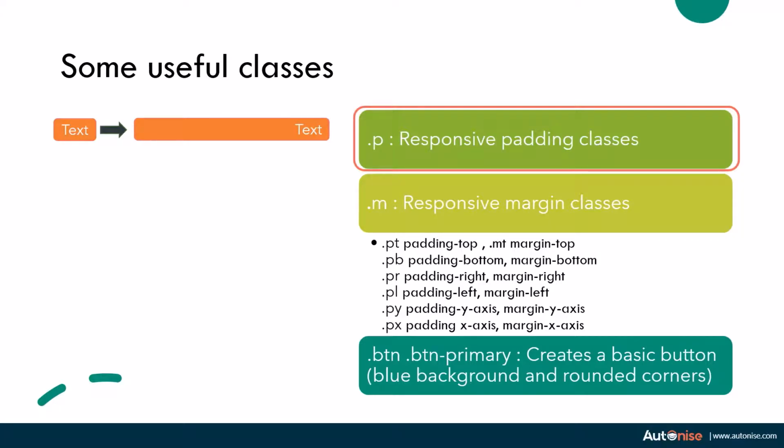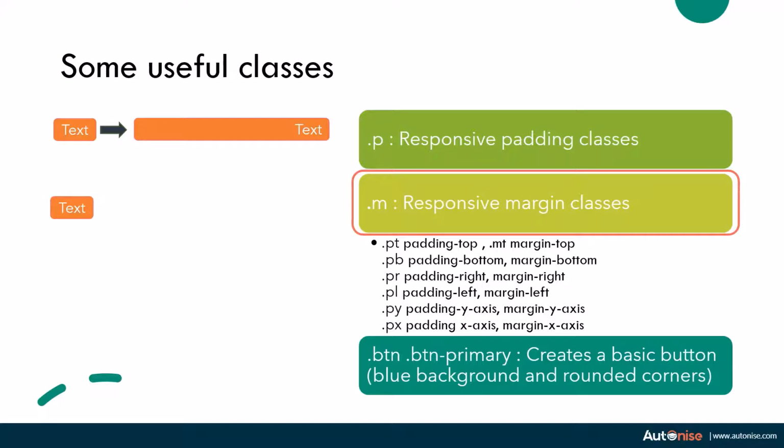Now let's see how our button will look when we add a margin to it. So we have this text, and when we add a margin of left to this text, you will see that there is a left gap present, but it does not have the orange background.